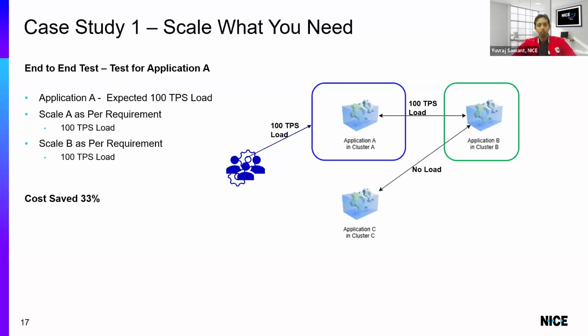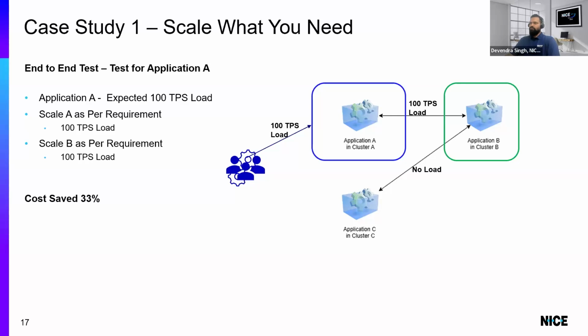So instead of provisioning resources across the board, we will scale the required infrastructure, specifically components A and B, to handle 100 TPS load. And if we consider A, B, and C are of the same size and incur the same cost per unit of time, and if we follow this approach, we will be able to save 33% of cost because we are not scaling C in this case.